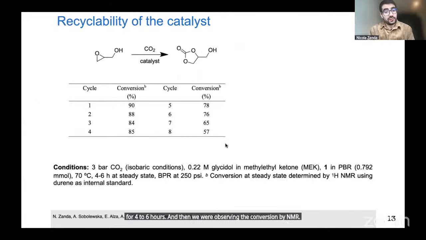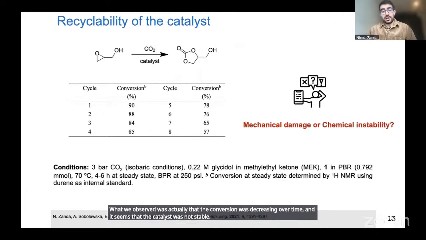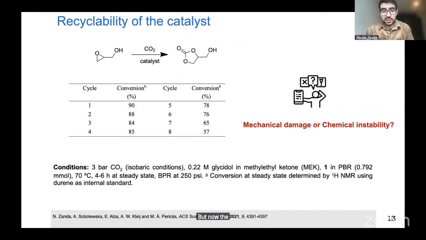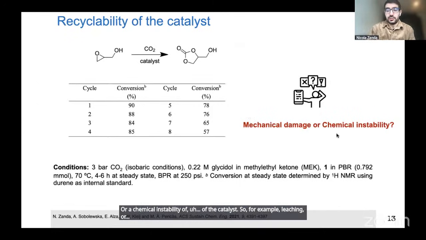What we observed was that the conversion was decreasing over time, and it seems that the catalyst was not stable. But now the question was: was this due to mechanical damage or chemical instability of the catalyst, for example leaching or the base degrading?